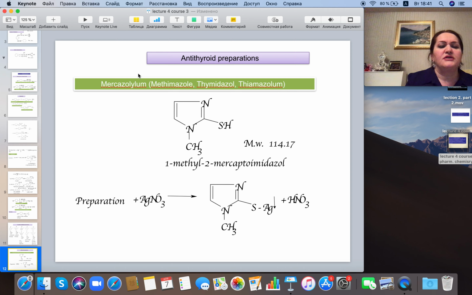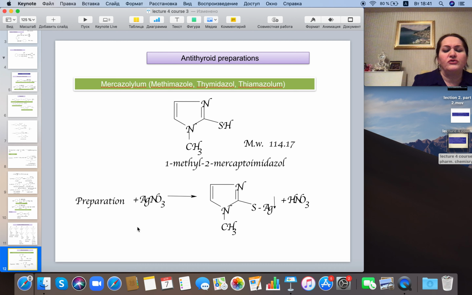Mercazolil is the Latin name of this preparation, but methimazole is the INN name, and you can see that at the base of this preparation lies imidazole. The chemical name of this preparation is 1-methyl-2-mercaptoimidazole. It is an anti-thyroid preparation.